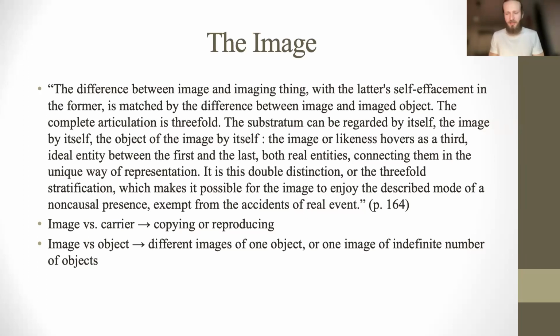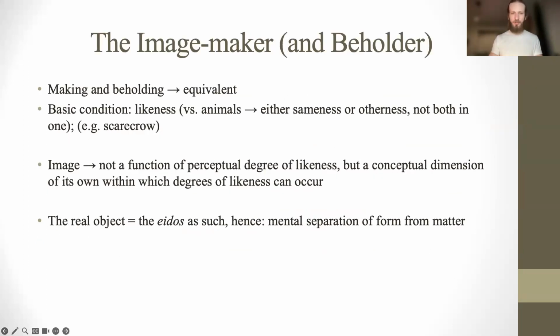I think it's definitely odd to say that the illustration of a pine tree depicts an indefinite number of pine trees. In the same way, the two different paintings of the same person depict that person. I think this bit here with the indefinite number of objects is maybe a tiny bit unclear, but okay, regardless. Moving on.